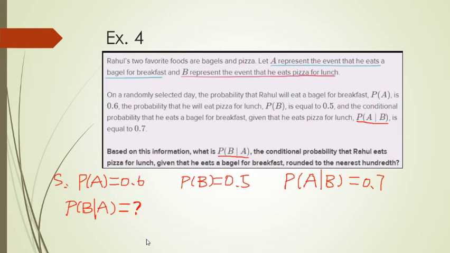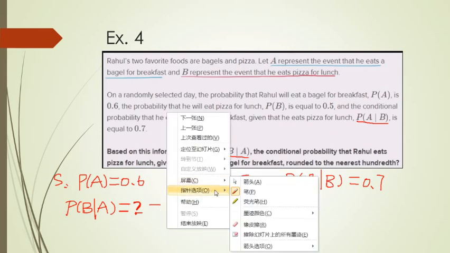But we just follow the scenario, we just follow the examples here. So we need to work out this conditional probability. And this example gives you a way to understand those two conditional probabilities. They are different. So follow the formula.